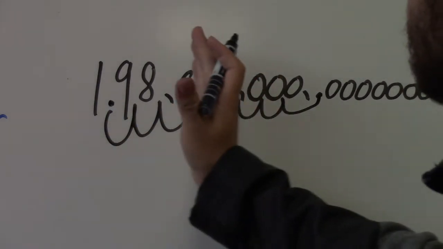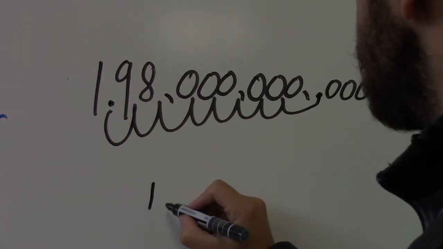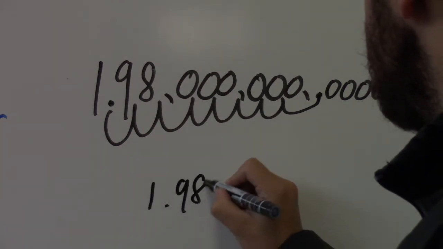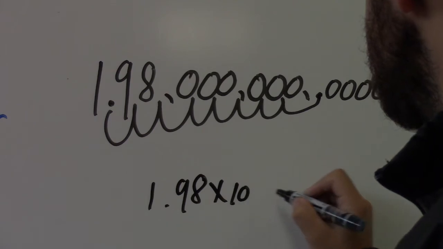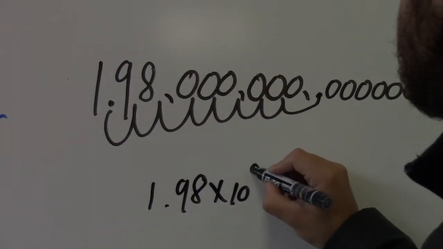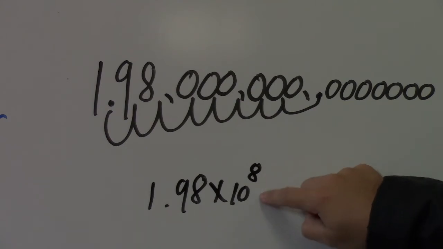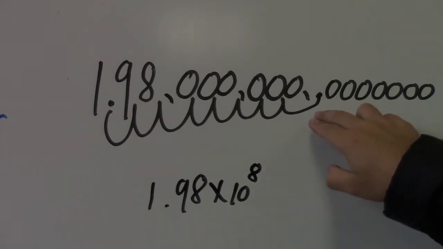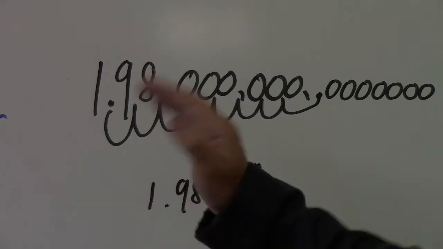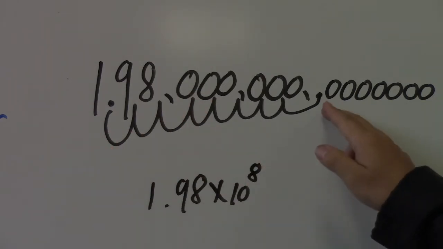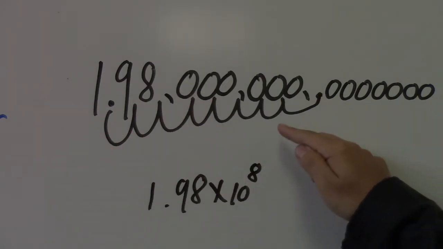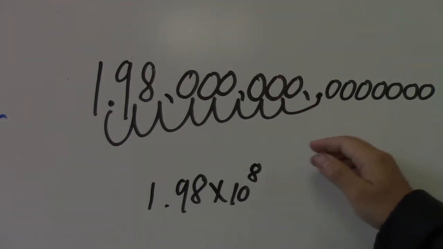So that's going to give us this new number: 1.98 times 10 to the power of 8, because we moved it 8 spots. The decimal is the placeholder that gives us the value.